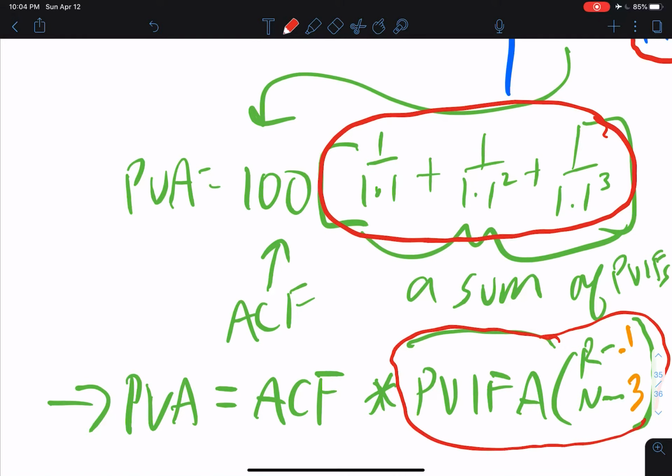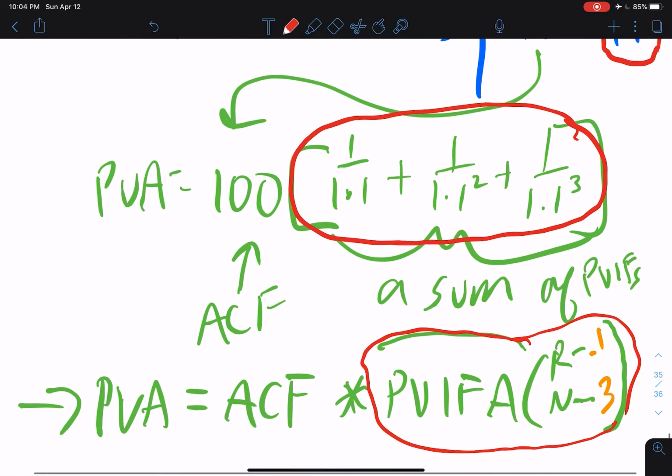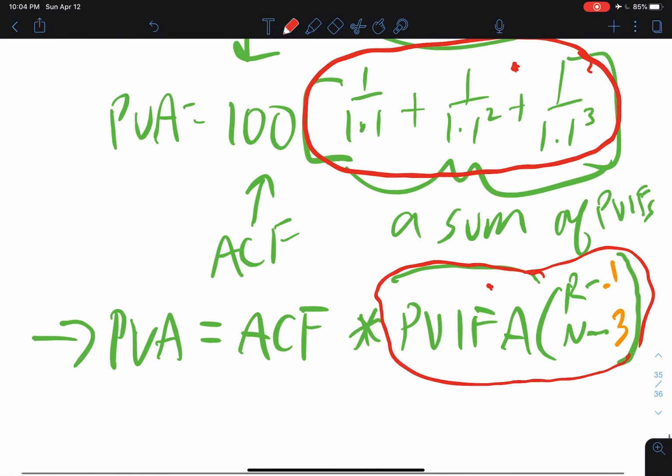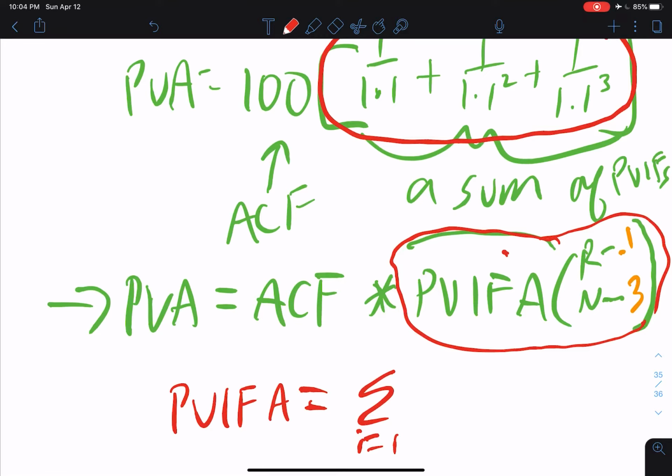And that's the point, that when we did it using individual PVIFs, the logic left us with the observation that, my goodness, that sum of PVIFs right there has to be the PVIFA. And indeed it is. So we can say that a PVIFA is equal to the sum for I equals 1 to n of 1 over 1 plus r to the I power.